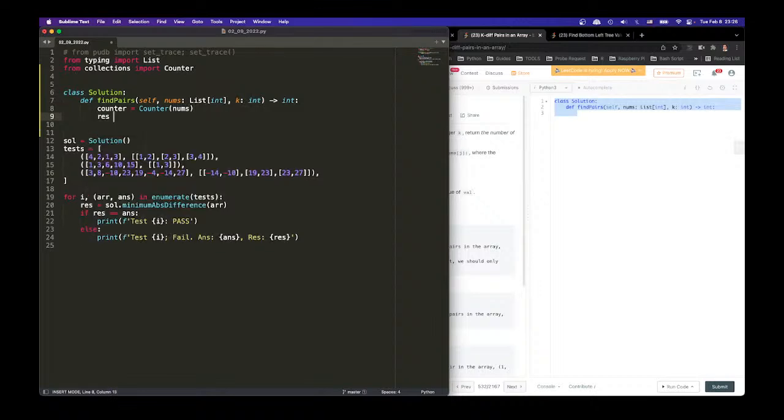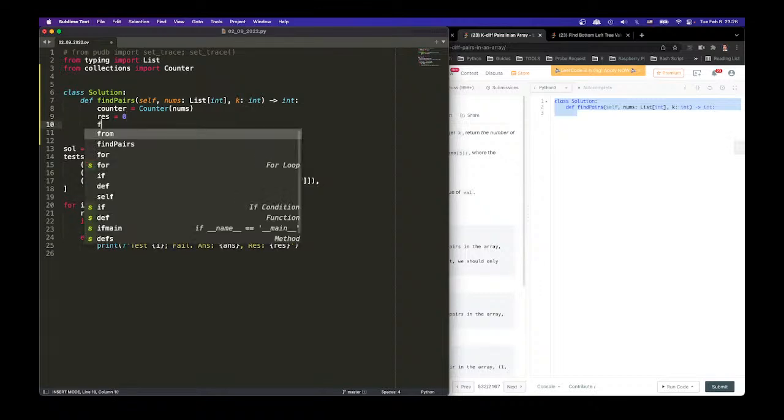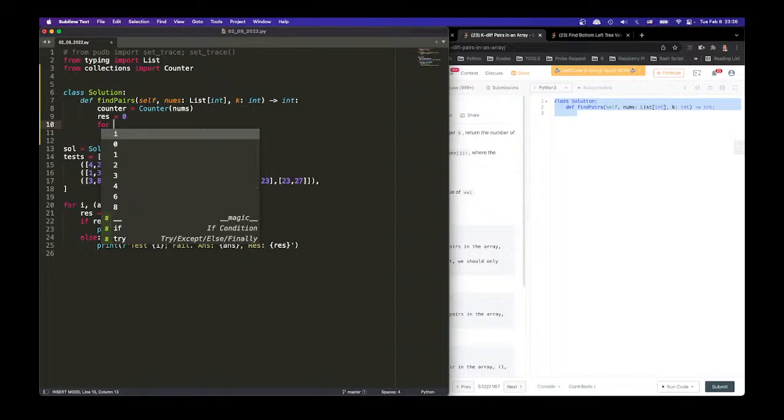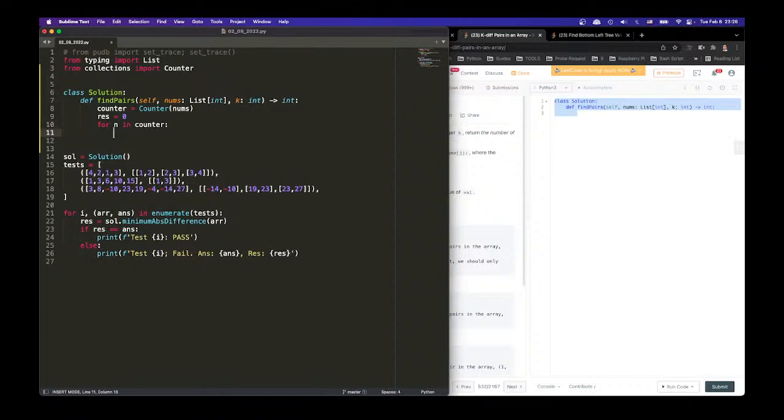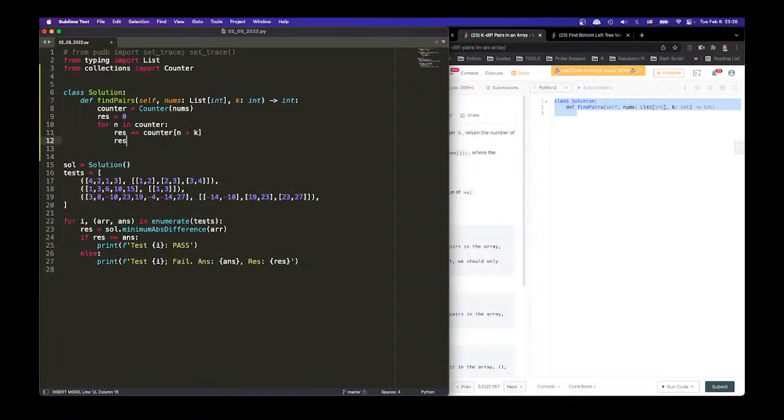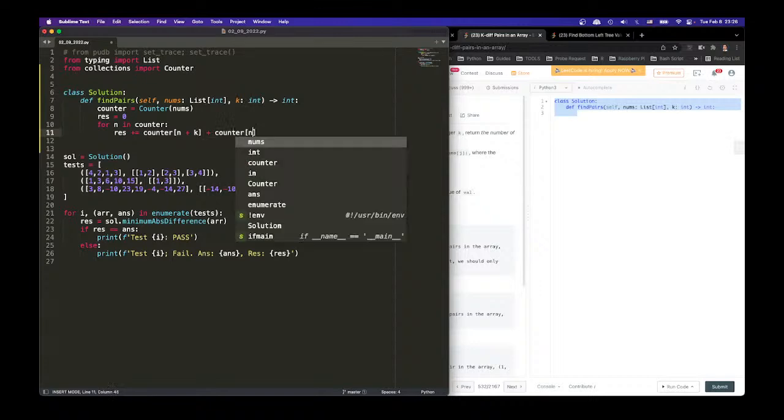All right, so res equal to 0. And then for n in counter, we say, I can just say res plus equal to counter n plus k, and res plus equal to counter n minus k.